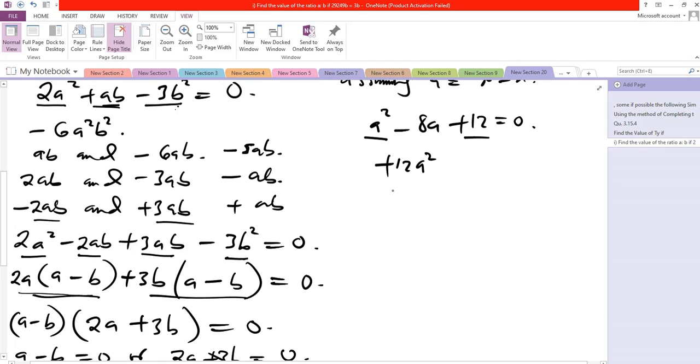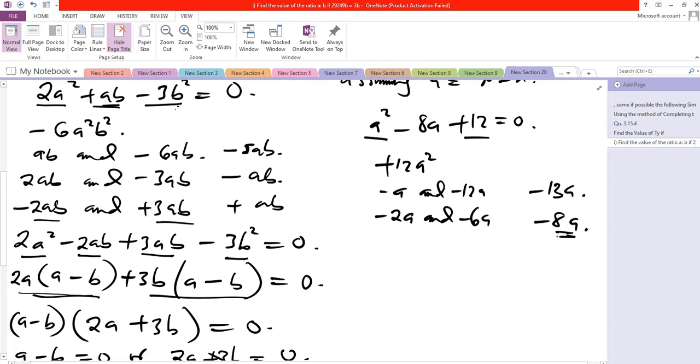Let's start with minus a and minus 12a. This one will give you minus 13a. Let's go to 2. You have minus 2a and minus 6a. This will give us minus 8a.